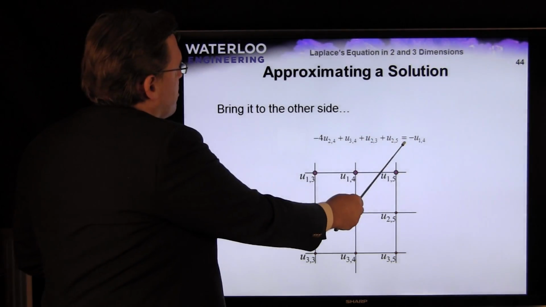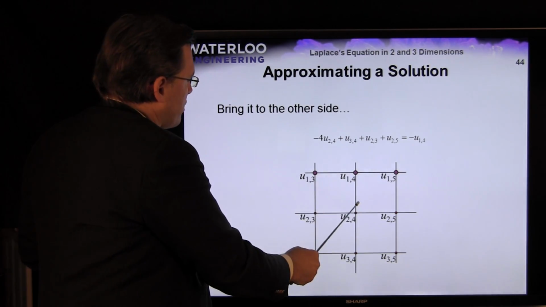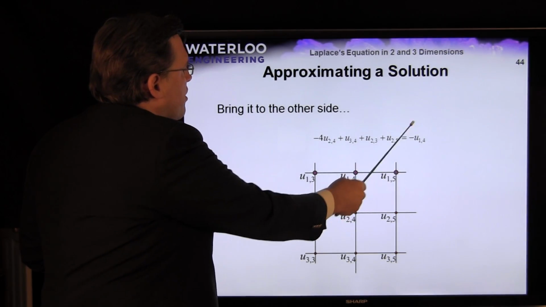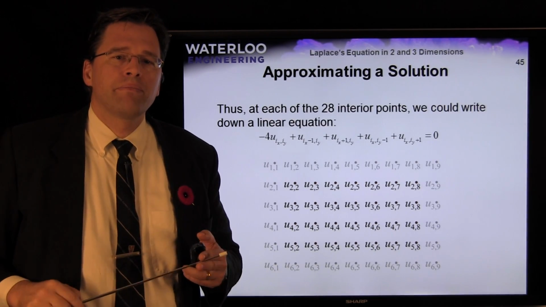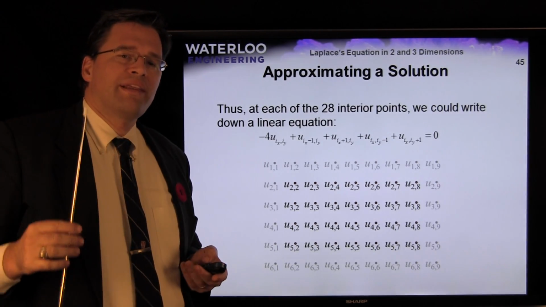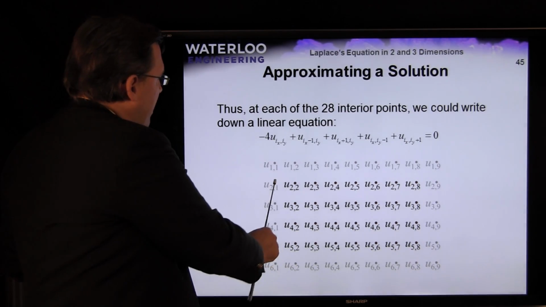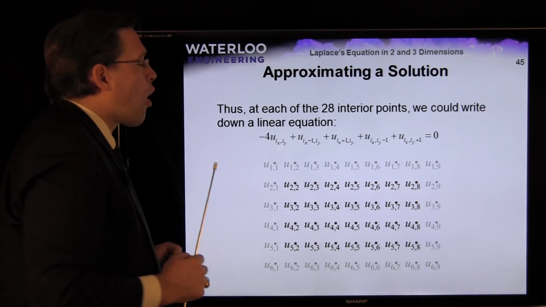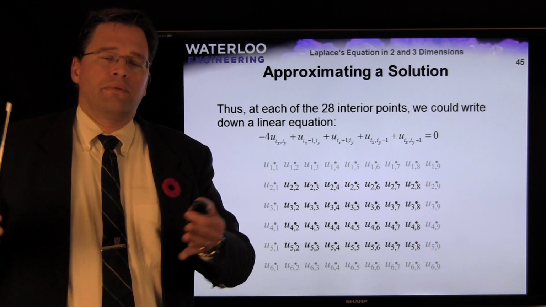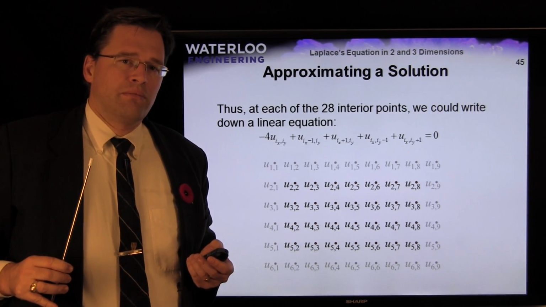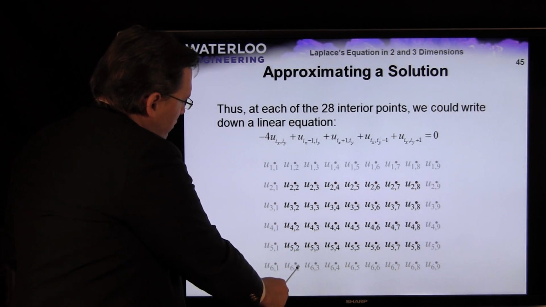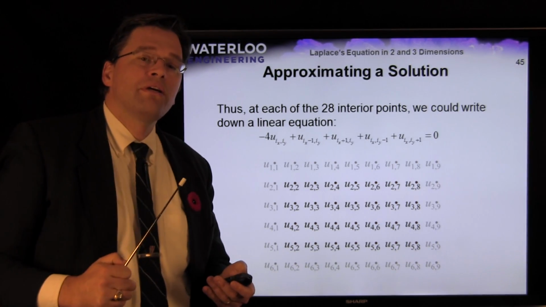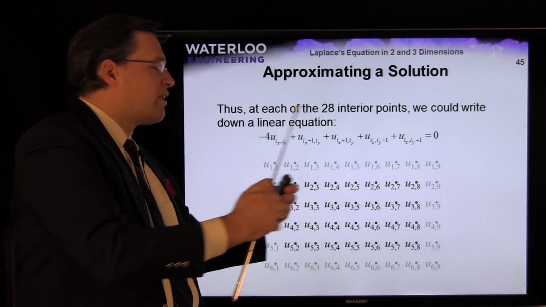So now we have an equation in 4 unknowns, these 4, with a right-hand side that in this case is probably non-zero. We're going to do this same operation at every single interior point, always writing down a linear equation, and then determining how many of those points are actually on the boundary, in which case we'll bring those to the other side.